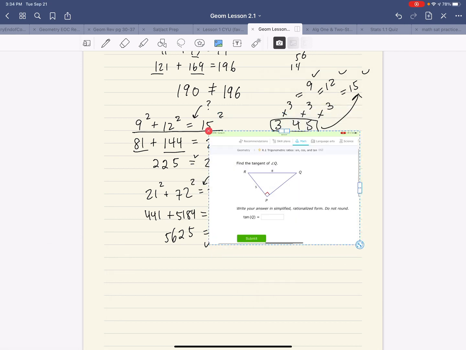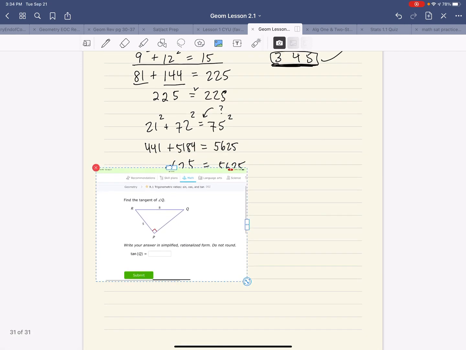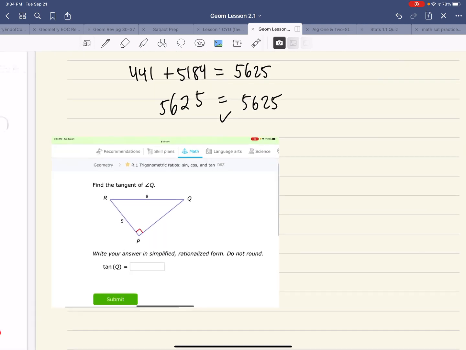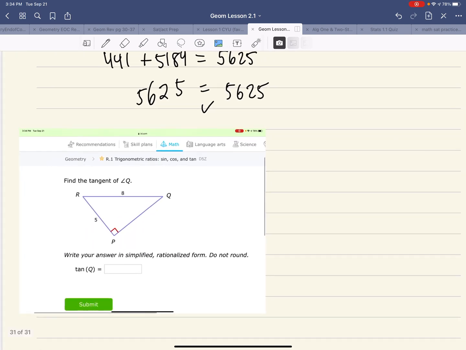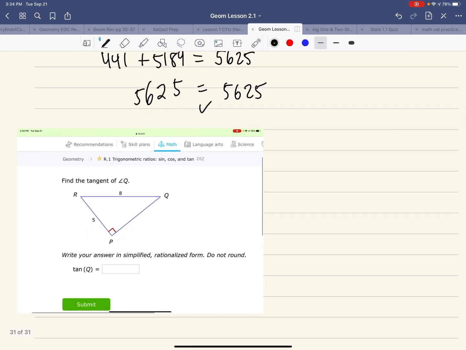All right. So here's our problem, and let's see if we can do this. I can't find the tangent of Q directly because this is my hypotenuse. The tangent is opposite over adjacent. So I'm going to have to use the Pythagorean theorem to solve this.